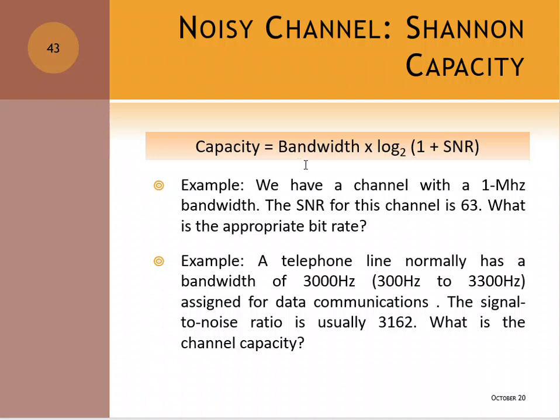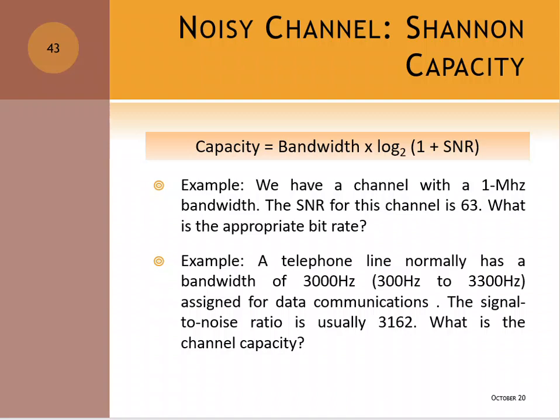So the formula capacity, okay, also in bit per second, equal to bandwidth times log 2 (1 plus SNR). Okay, so let's do it together. We have a channel with a 1 megahertz bandwidth. The signal to noise ratio is 63. What is the appropriate bit rate?